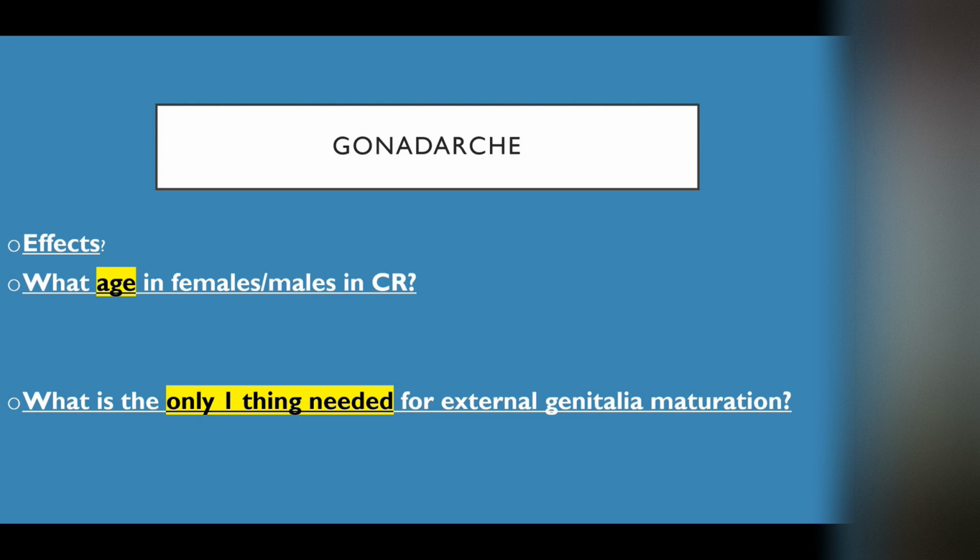So the age, can you guess the age? You said a number, but in physiology it's always a range, because we need the standard deviations. 2 standard deviations above is delayed, below is early puberty. So a range. Female or male? Female is 9 to 13.